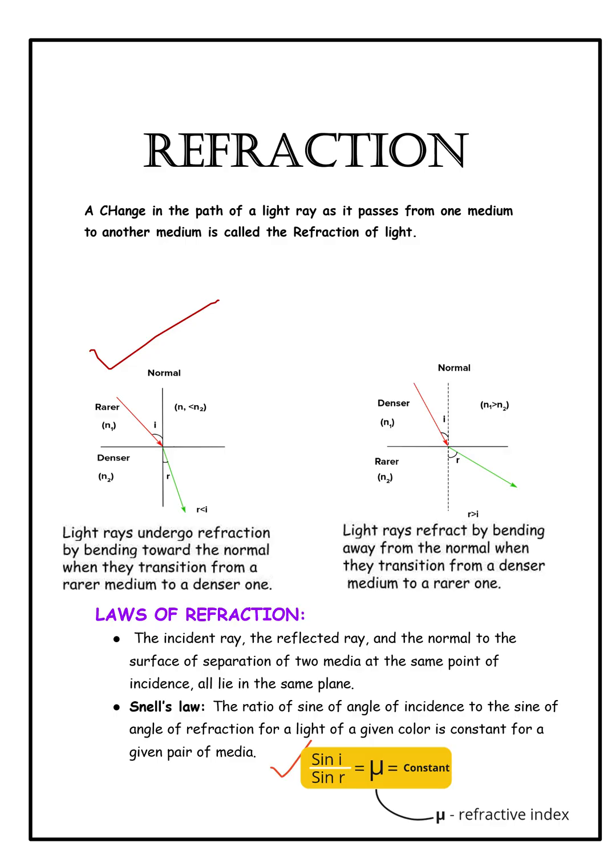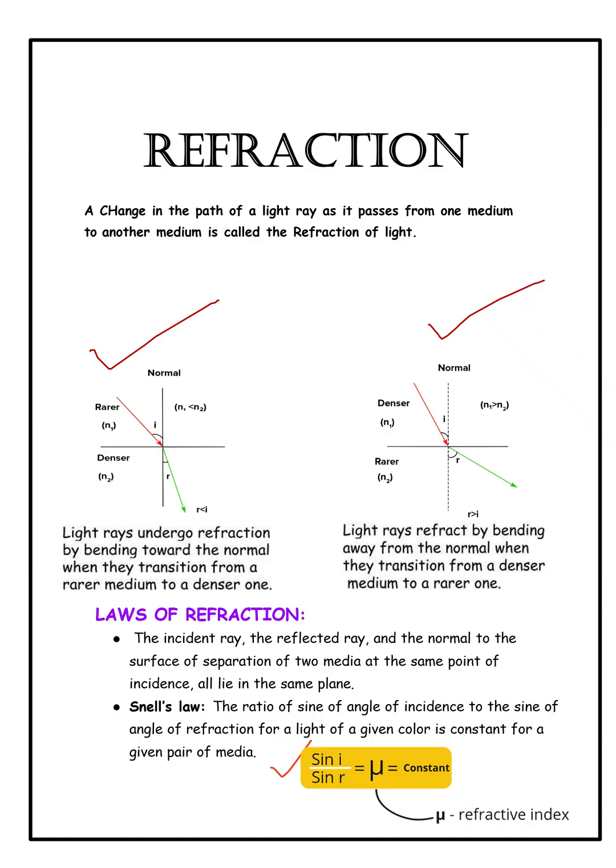It bends towards the normal when they transition from rarer to denser. Likewise, in the other diagram, it is bending away from the normal. Bending of light is refraction. From rarer to denser, it goes towards the normal, and from denser to rarer, it bends away from the normal. These points you have to remember.